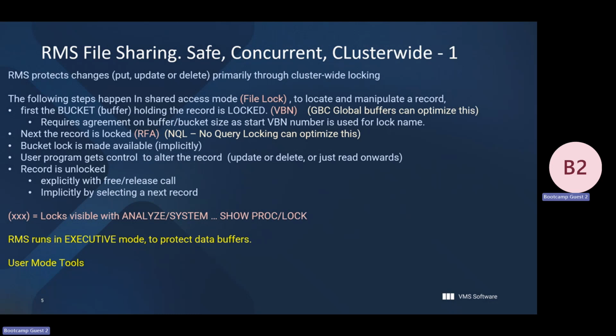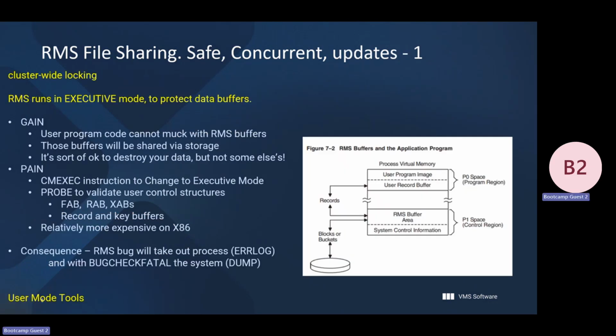The second part is we run in executive mode. So we run in an inner mode, not kernel mode, but executive mode between user and kernel. So we had our locking, and we run in executive mode. This picture is from the guide to files. You have a big process memory.